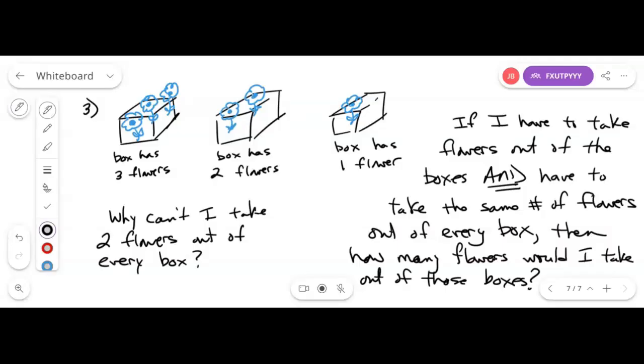Okay. Correct. If there are 3 flowers in the first box and 2 flowers in the second box and only 1 flower in the third box, I can only take 1 flower out of each of those boxes if I'm going to take the same thing out of every box. Okay?